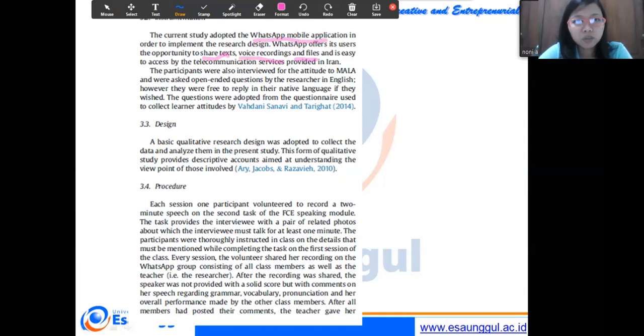And the other instrument is the interview protocol. Okay, back here, the data from the WhatsApp is used to investigate the student speaking skill, and then the interview protocol is used to investigate the student attitude to MALA.